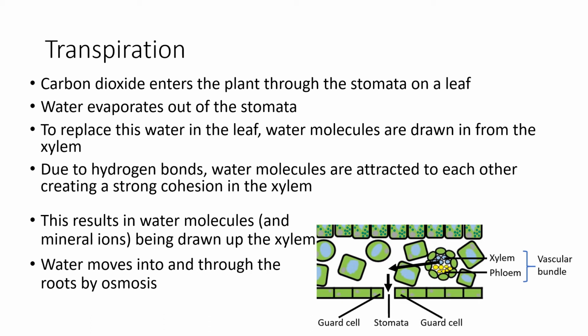Then in the xylem vessel we talk about the cohesion, because of the hydrogen bonds between the water molecules pulls those water molecules up. The reason they're pulled up is because the water has evaporated out the stomata and has been replaced by water at the top of the xylem. And that process is known as the transpiration stream or transpiration. Remember, it's osmosis at the bottom, it's cohesion in the xylem, and it's evaporation of water at the stomata.